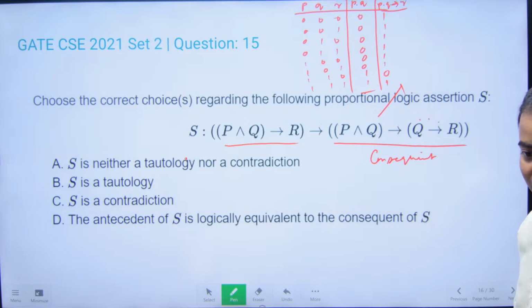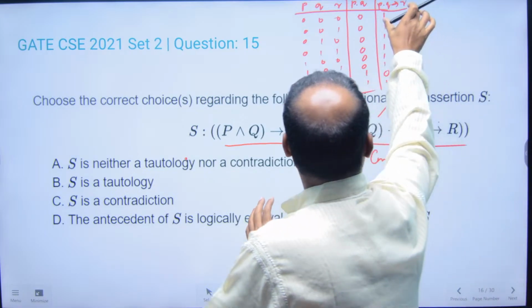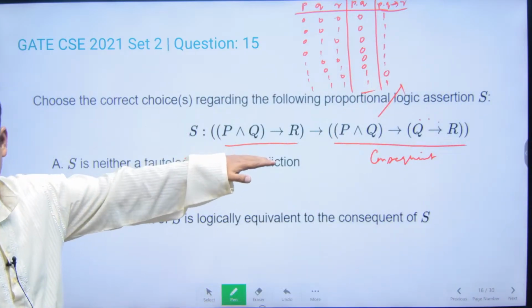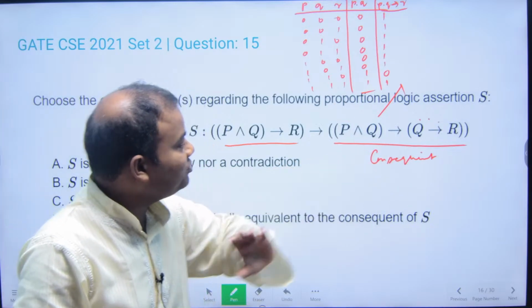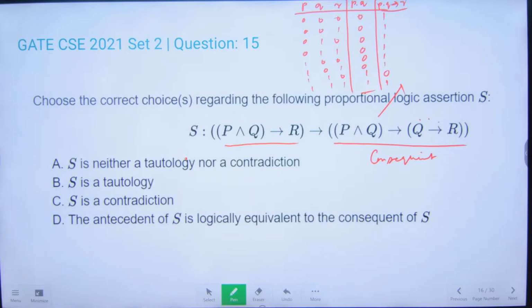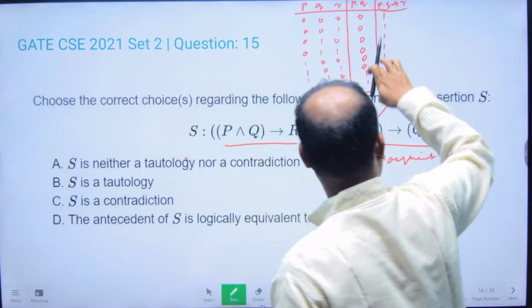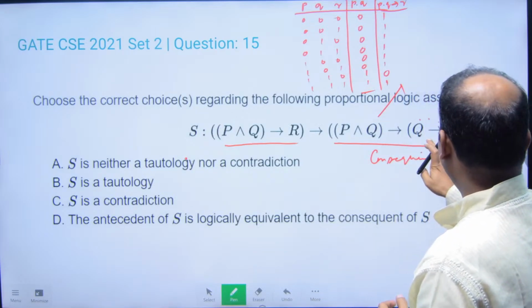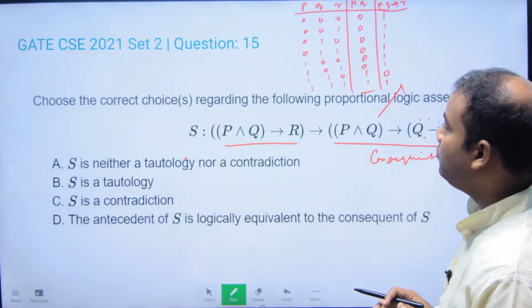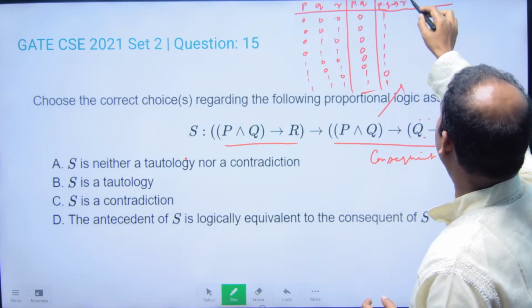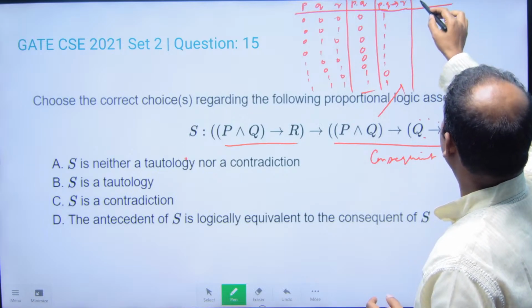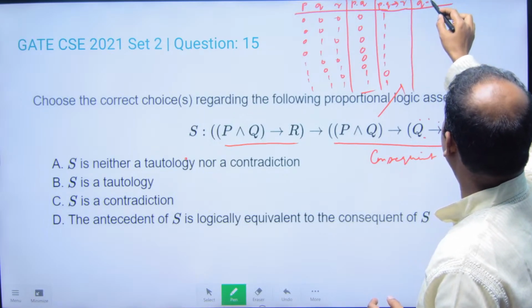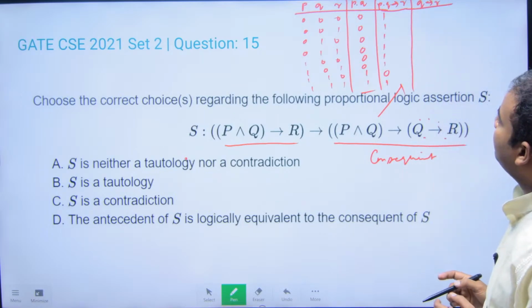Okay, so now you have made the truth table for this side. Similarly you have to make the truth table of this side. P and Q you have already made here. So what you have to make is Q, R: if Q then R. So how to make if Q then R?